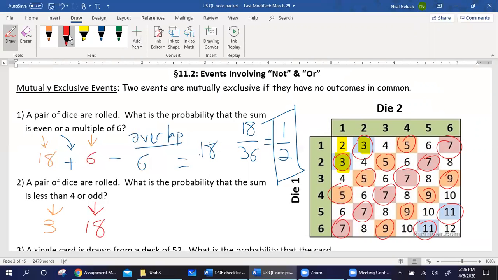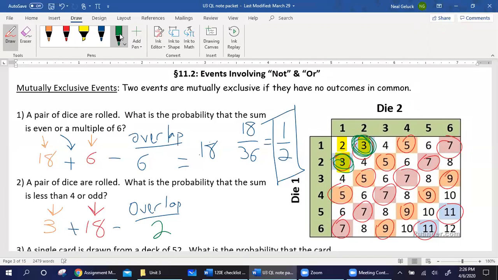So the or tells me I'm going to add those. But I have to subtract off any overlap. So basically, is there anything I double counted? Is there a highlight and a circle? Well, that happened twice on these 3s.